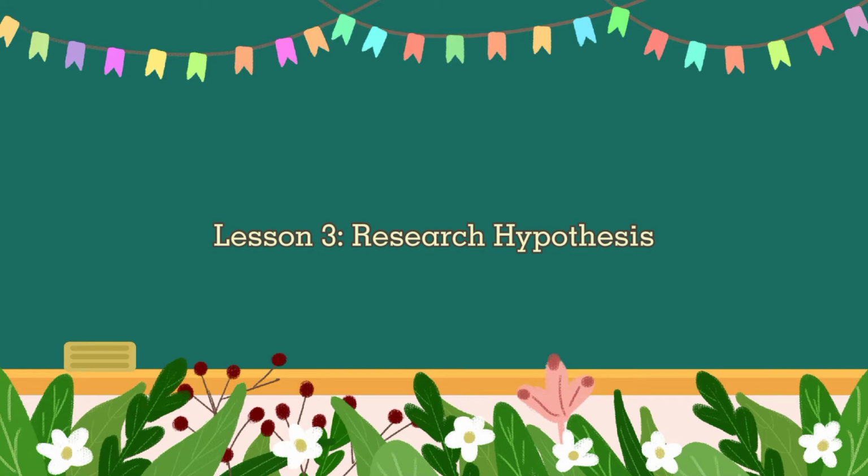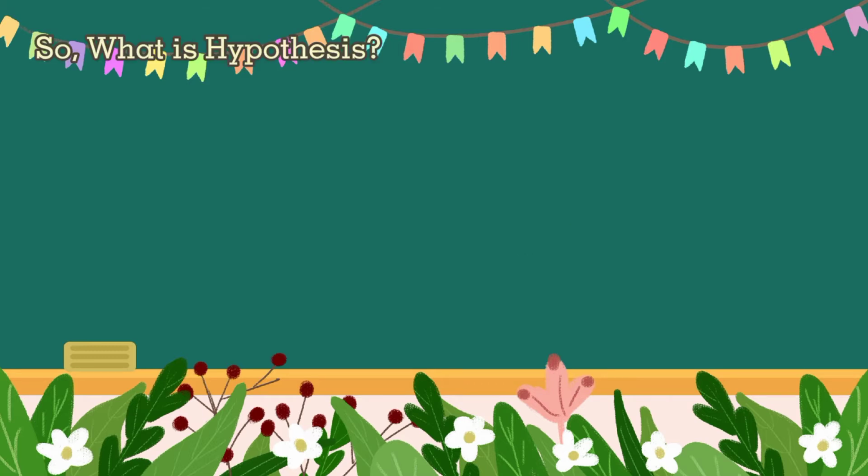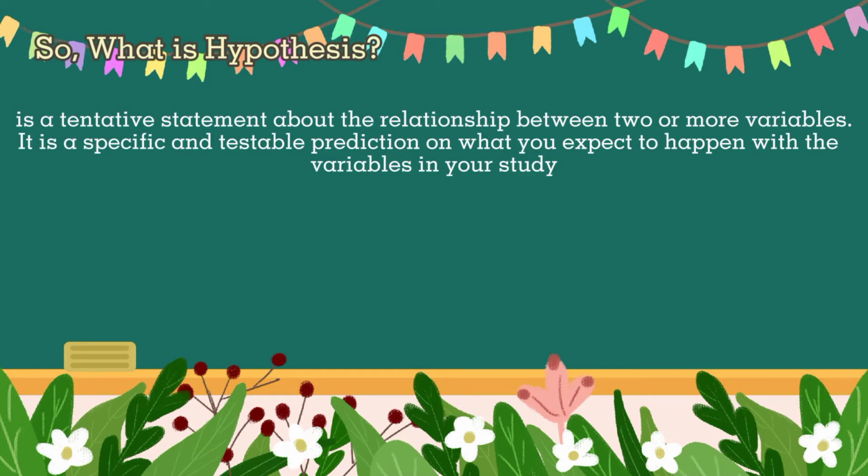When you are finished identifying your statement of the problem or research questions or objectives, you may now start formulating the hypothesis of your study. So, what is a hypothesis? It is a tentative statement about the relationship between two or more variables.